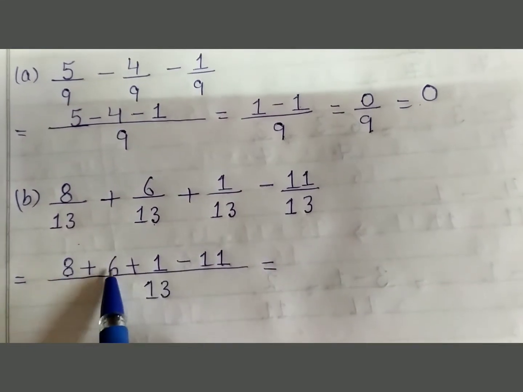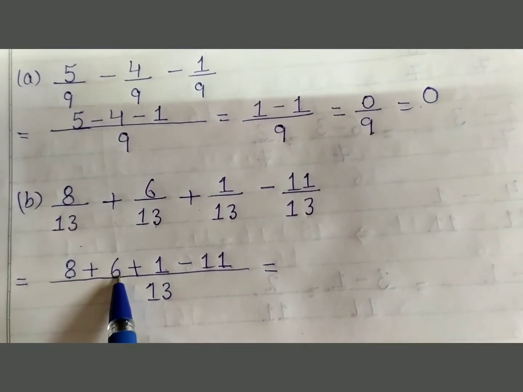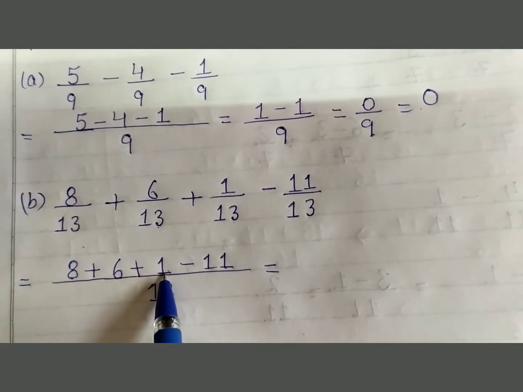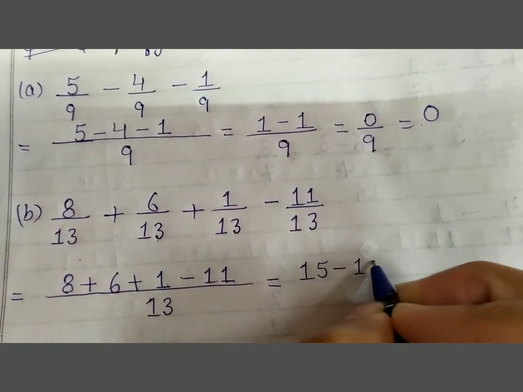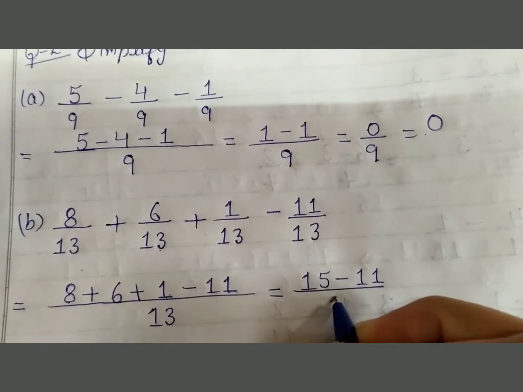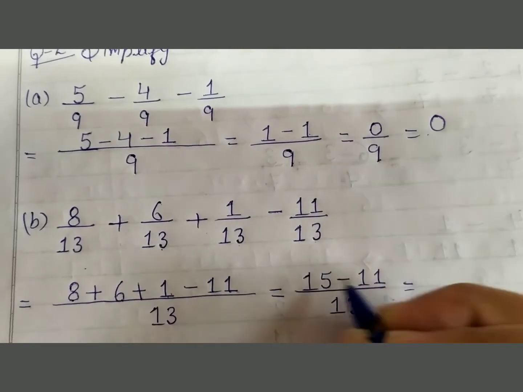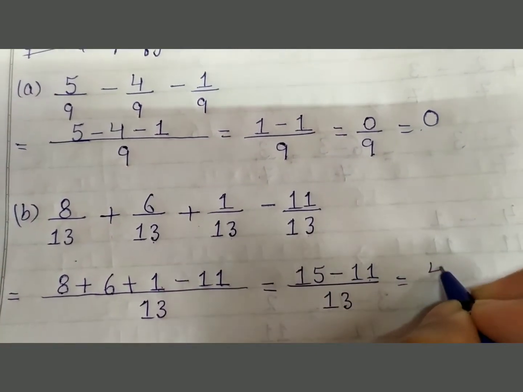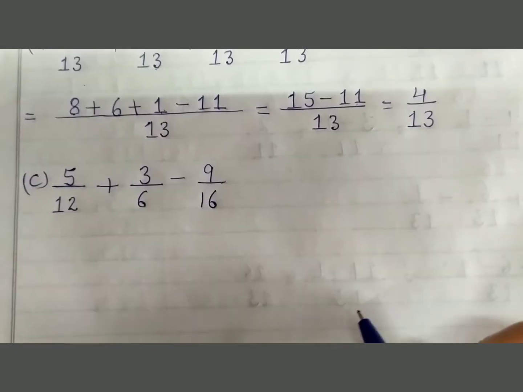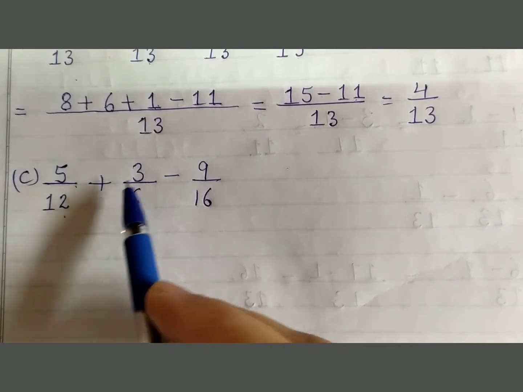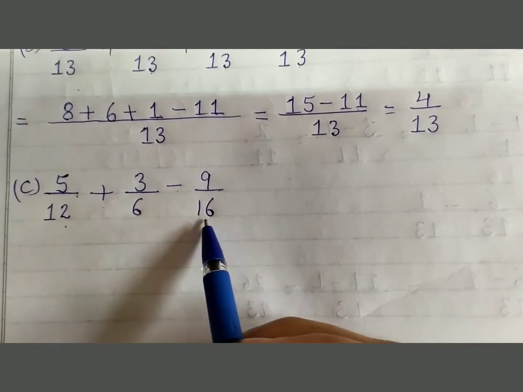Firstly add these three numbers. 8 plus 6 is 14, 14 plus 1 is 15. 15 minus 11 upon 13. 15 minus 11 is 4 upon 13. This is the answer.